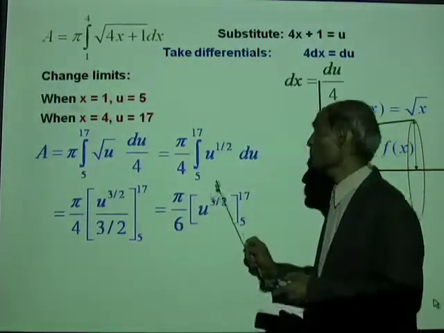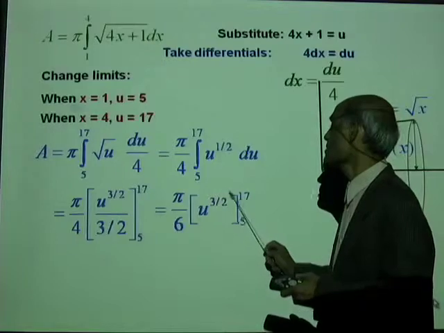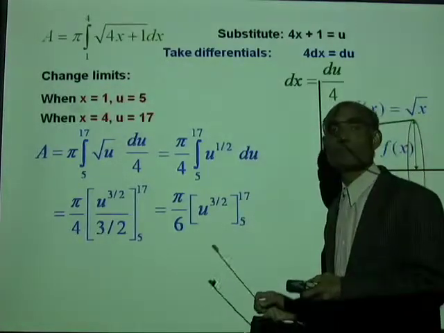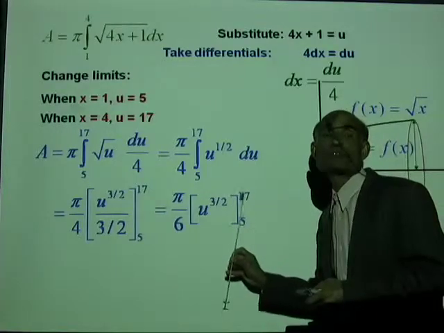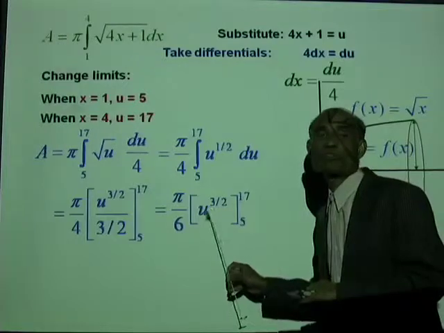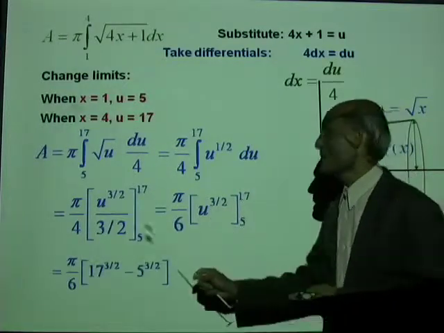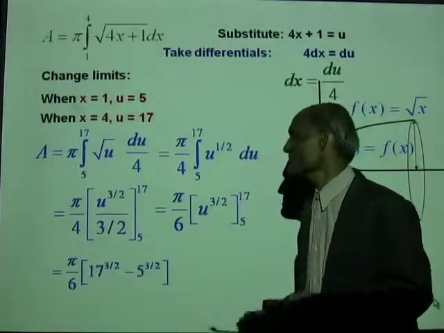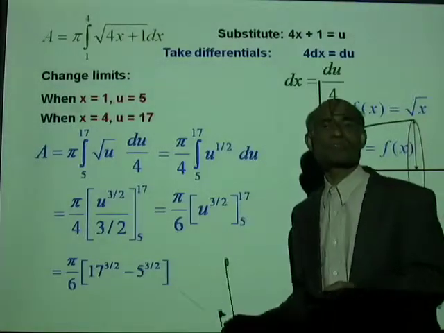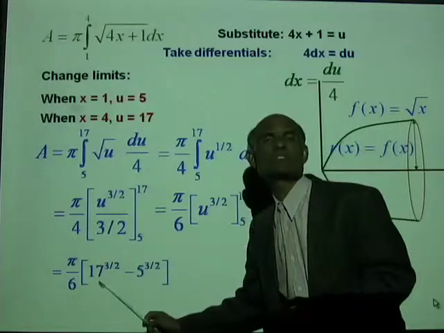That will be pi over 6, u to the power of 3 over 2, from u equal to 5 to 17. What we need to now do is replace u by 17 minus replace u by 5. That will be pi over 6, 17 to the power of 3 over 2, minus 5 to the power of 3 over 2. There's no way we can simplify this.